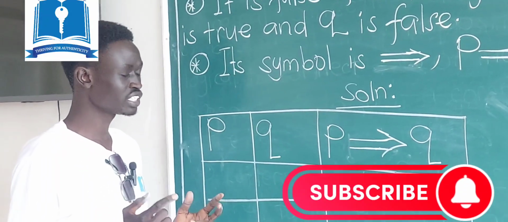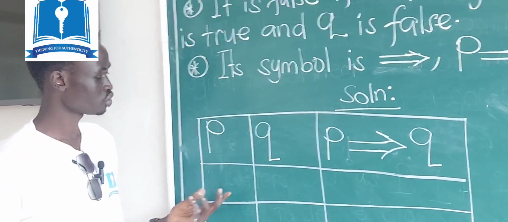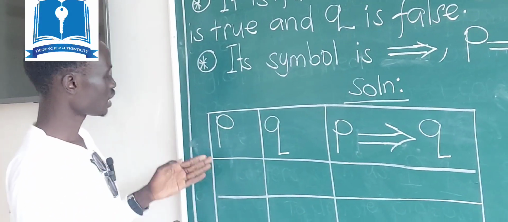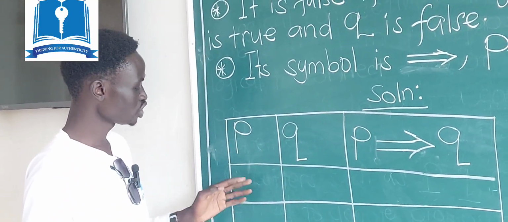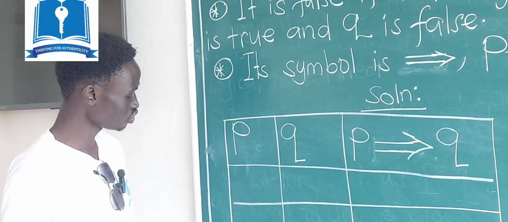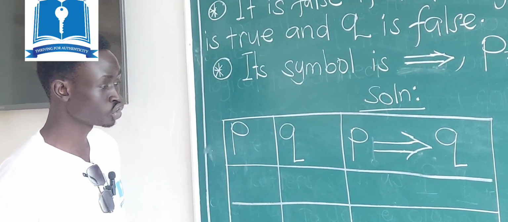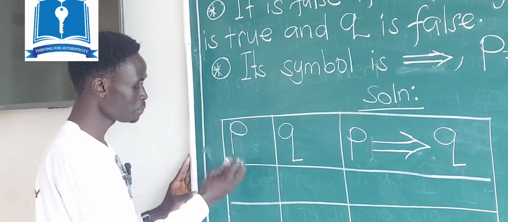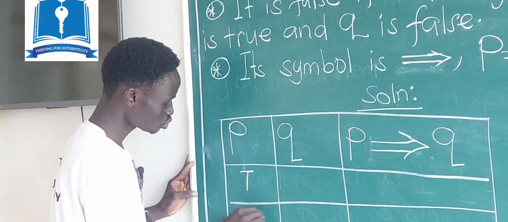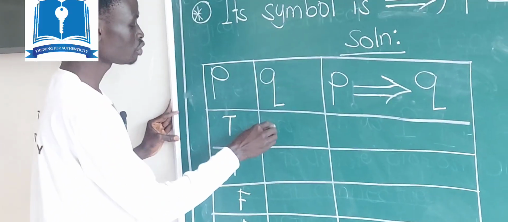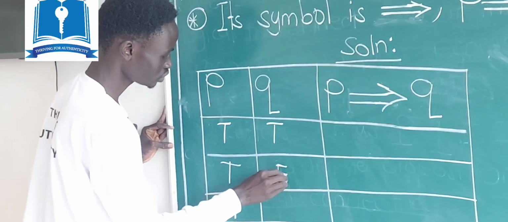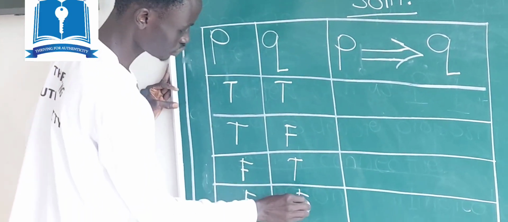The n represents the letters. Okay. And then also I said before, for you to get the truth value for p, you just need to divide the four rows with the two truth values. So for p it will be true, true, false, false. Then for q will be true, false, true, false.